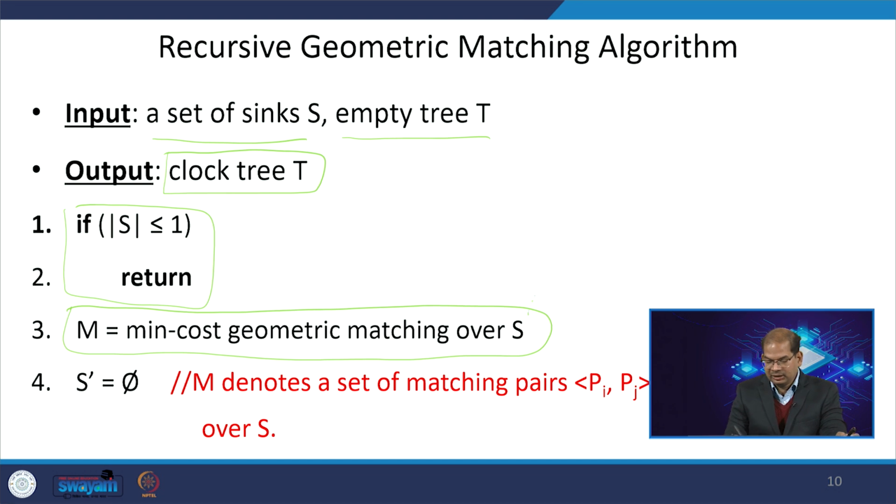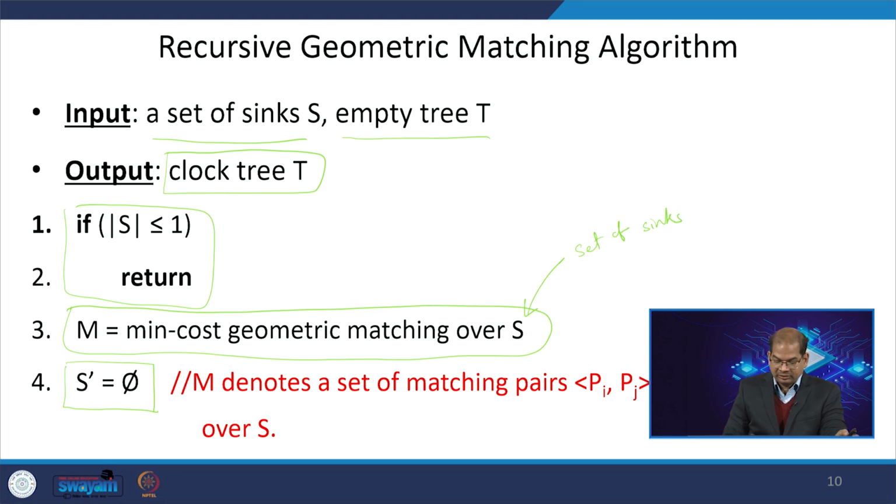So, this S is the set of sinks. So, then I am finding the M. Initially we have a set S prime which is phi, there is no element in that one. Then we will add elements to that set.